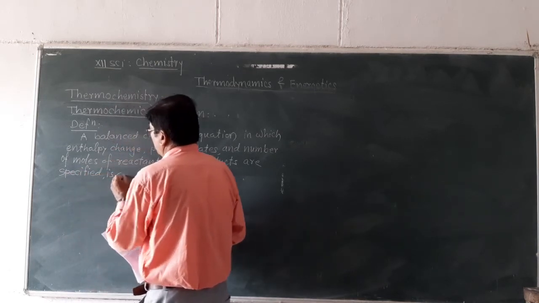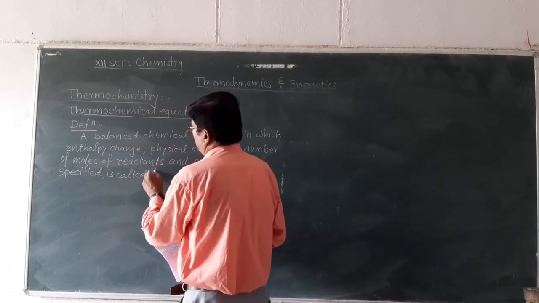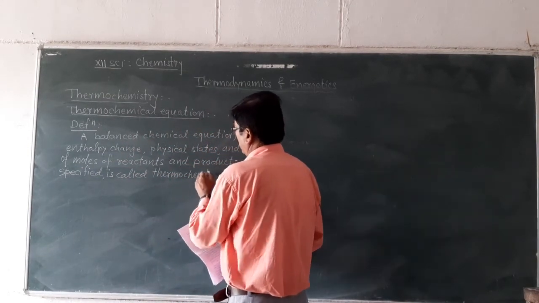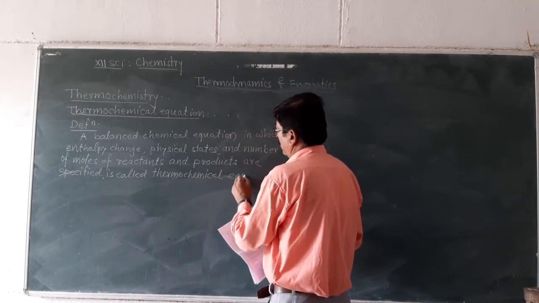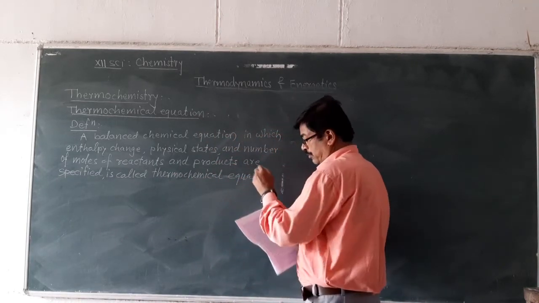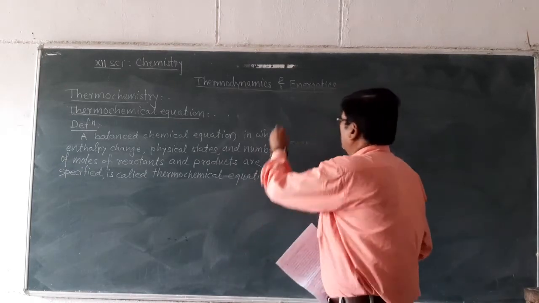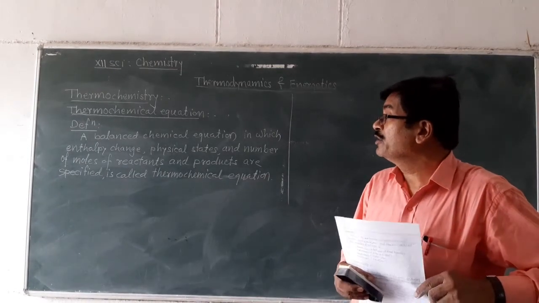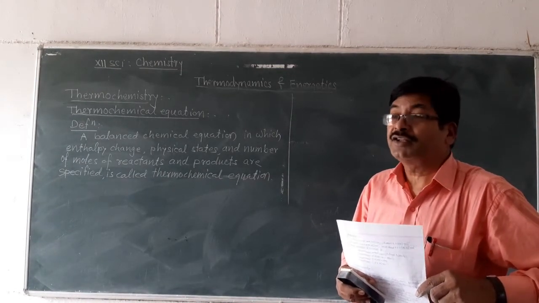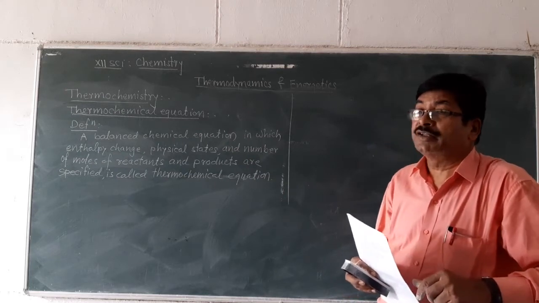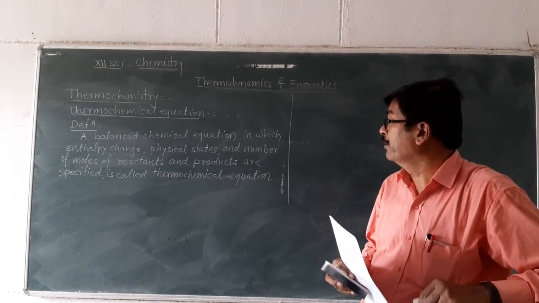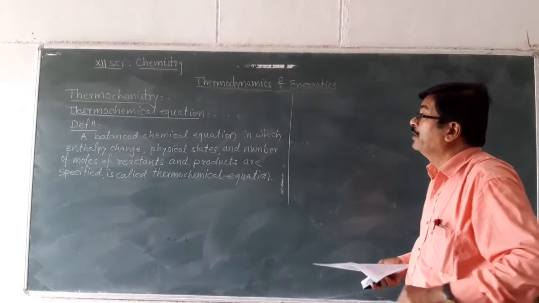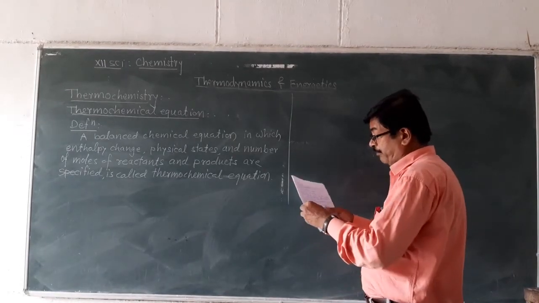It is called thermochemical equation. A balanced chemical equation in which enthalpy change, delta H, physical states of reactants and products such as solid, liquid, gas or aqueous medium and number of moles of reactants and products are mentioned. It is called thermochemical equation.